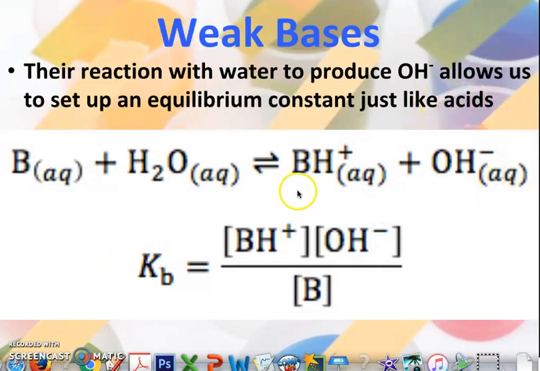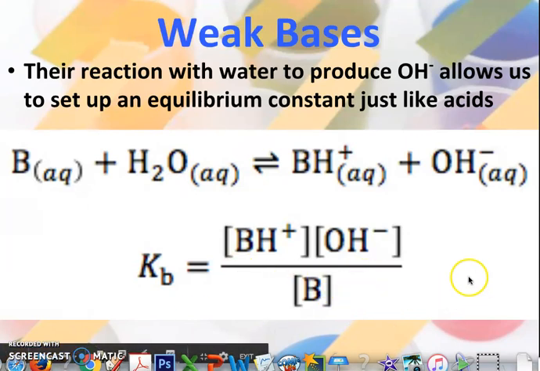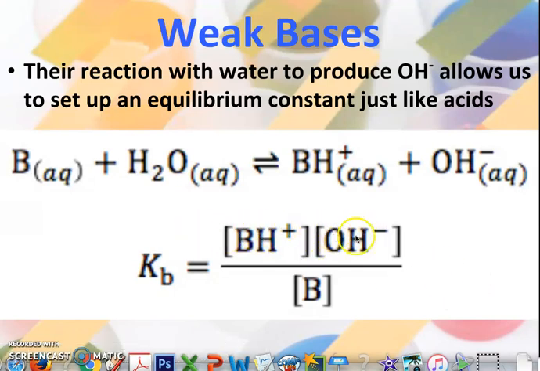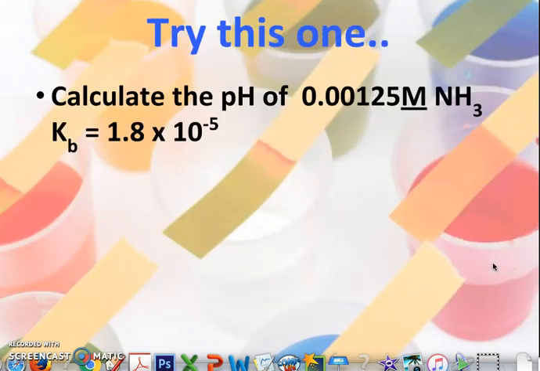So like any equilibrium constant, our products on top, reactants on the bottom, the pure water, which that should say liquid, not aqueous, your pure water not listed in the equilibrium constant. So you'll notice that your Kb expression looks a lot like your Ka expression. There's the two ionized pieces of your base on top, and then the whole non-ionized base on the bottom. And we'd handle math problems with it the same way you would Ka.